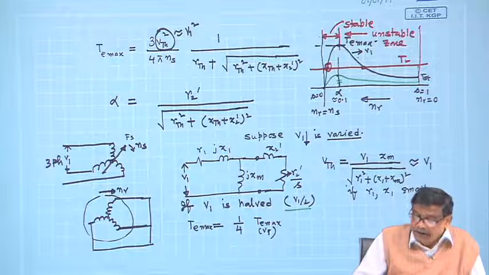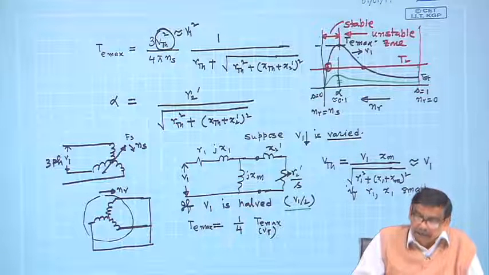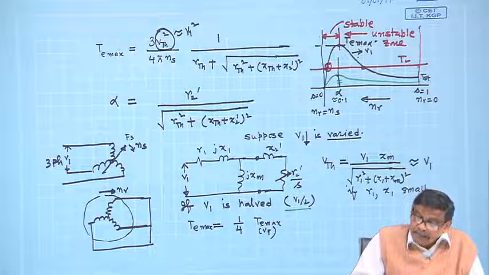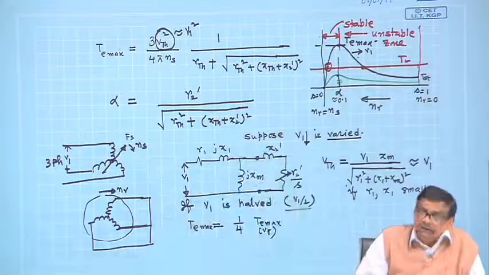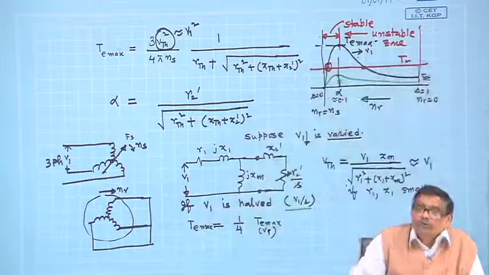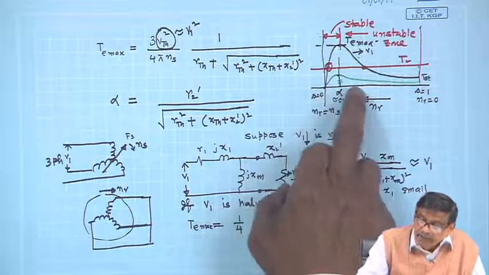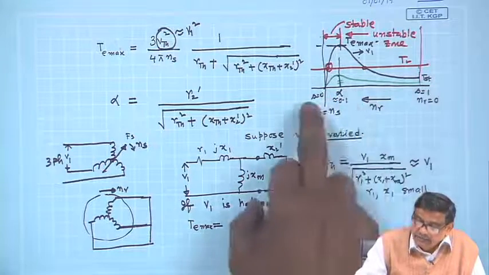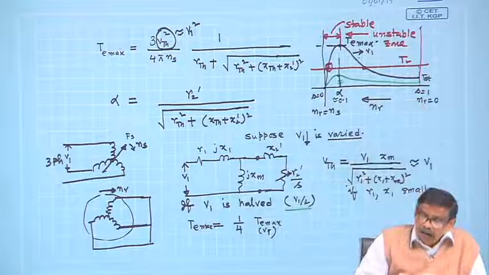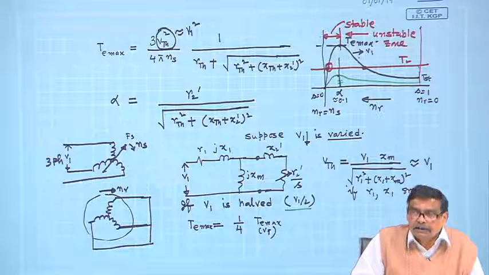And therefore, under an applied voltage equal to half the rated voltage, and suppose this is the full load torque of the machine, you can easily see you cannot supply a full load torque, because the machine is not at all capable of developing TL in its range of 0 to 1. So, the effect of variation of supply voltage is to reduce T max drastically.